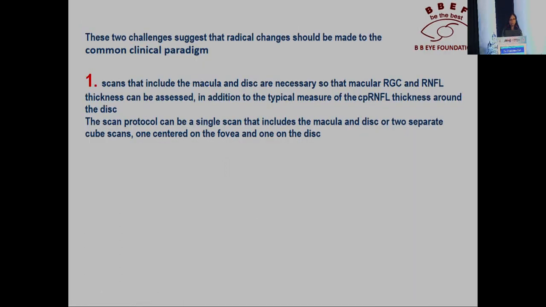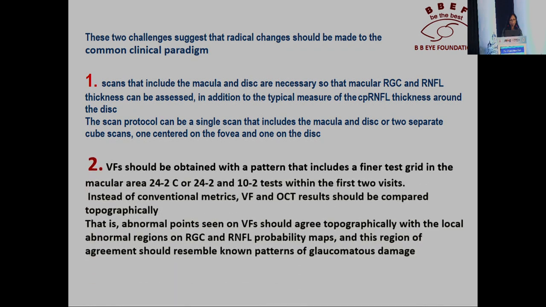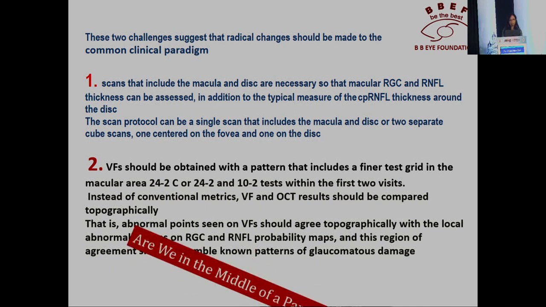So these are the two challenges that suggest a radical change should be made in the common clinical paradigm that the OCT uses, and maybe visual fields which include the finer test grids like 24-2C or 10-2, etc. should be equated with the OCT and seen in advanced cases.